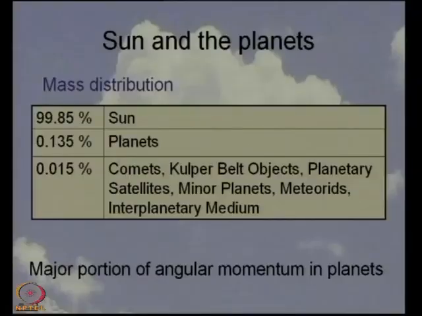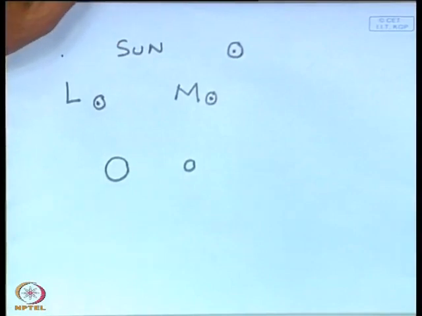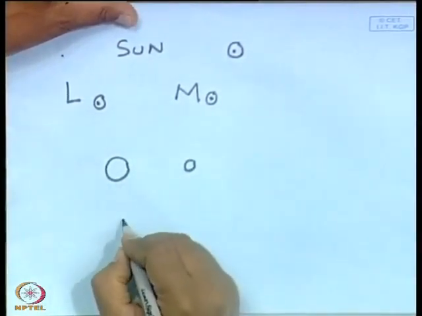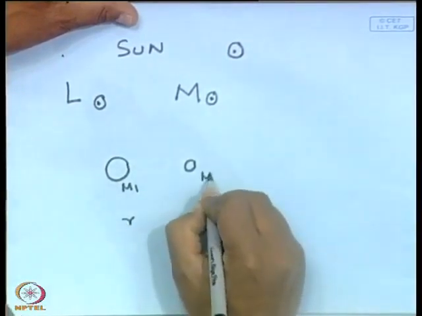So when we discuss the two body problem, let us just go back to the two body problem. We have two masses. Let us just consider the earth and the sun as two masses, forget about everything else. The center of mass is at the weighted, so this is m1, this is m2.